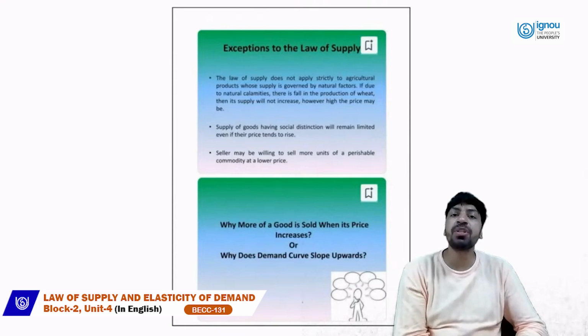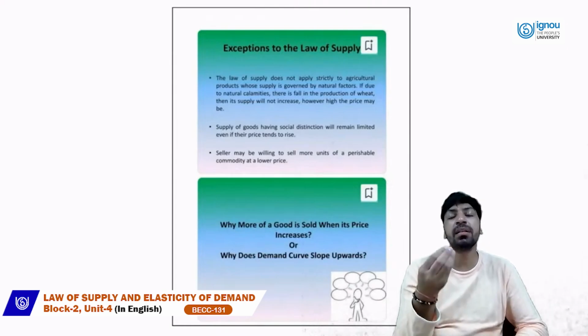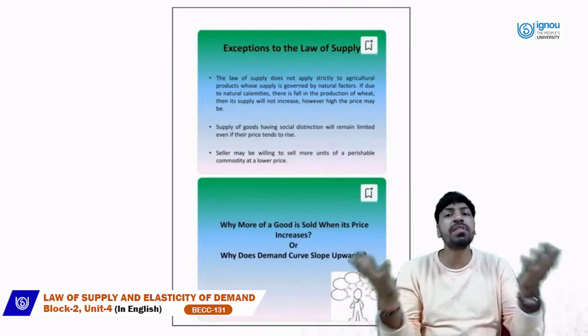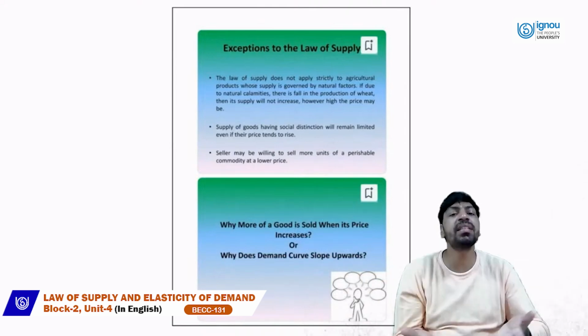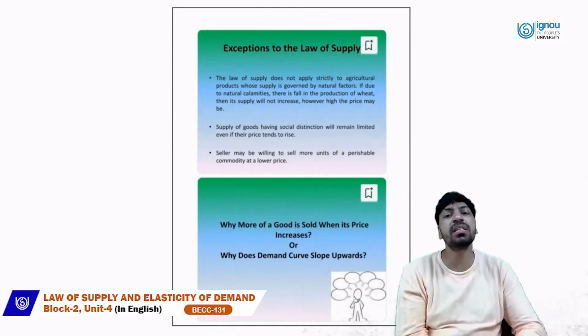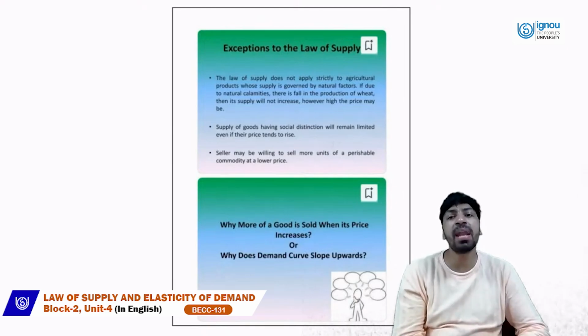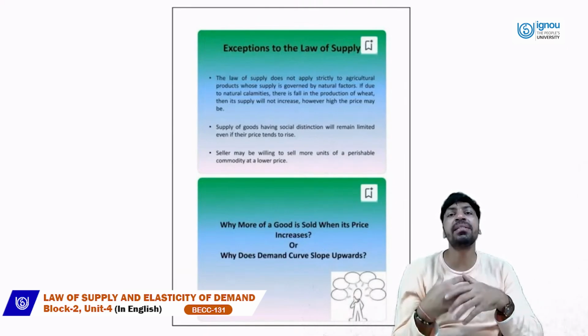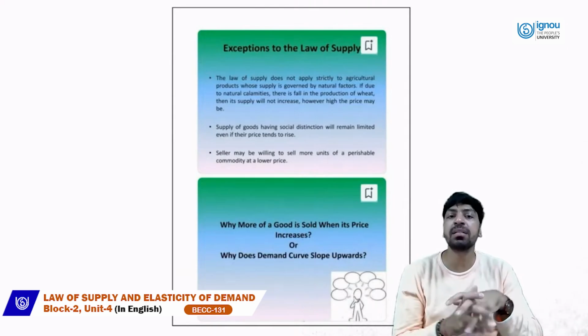There are exceptions to the law of supply. There are a few key points where the law of supply doesn't actually hold. The first is that the law of supply does not apply to agricultural products, because supply depends upon natural factors.